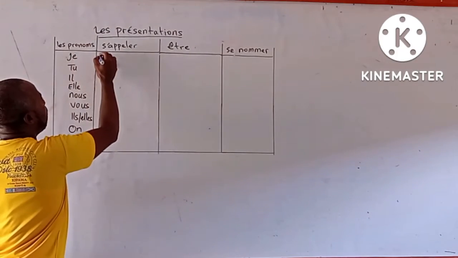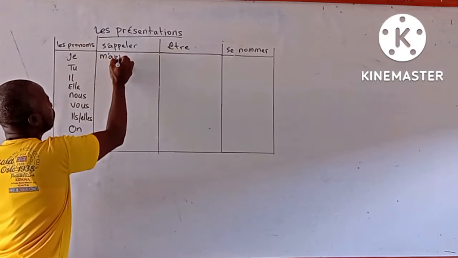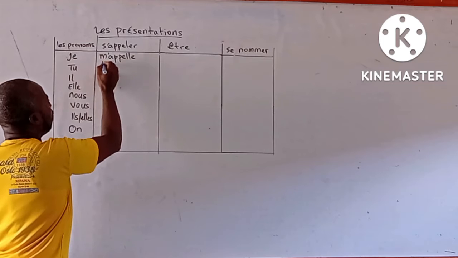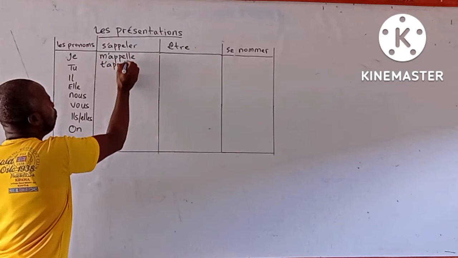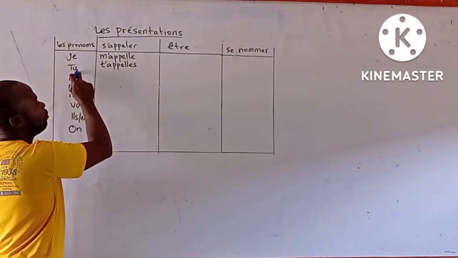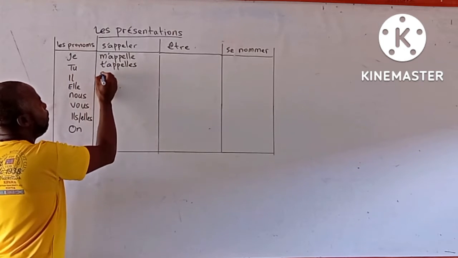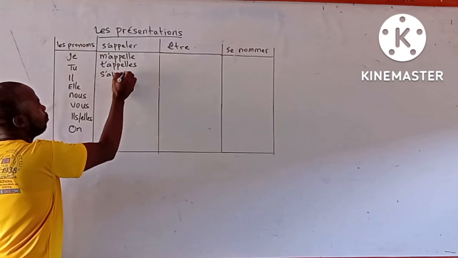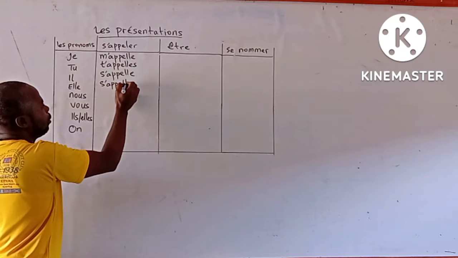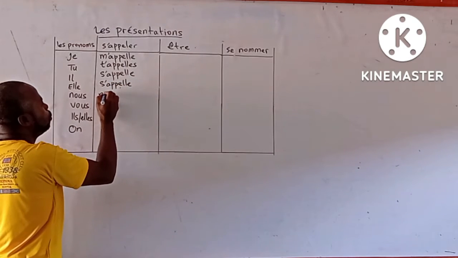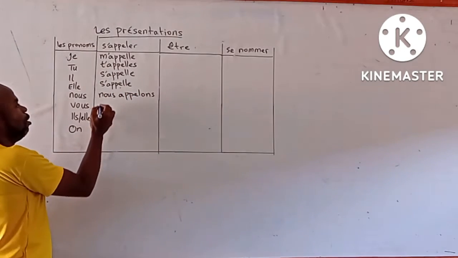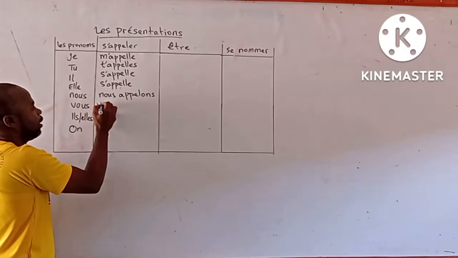S'appeler. Je m'appelle. Tu t'appelles. Don't forget the S, the agreement in person. Il s'appelle. Elle s'appelle. Nous nous appelons. Vous vous appelez.